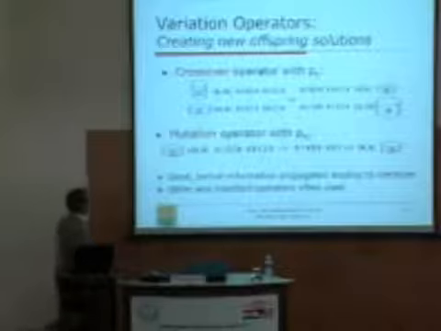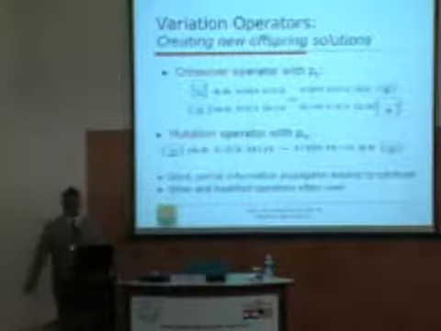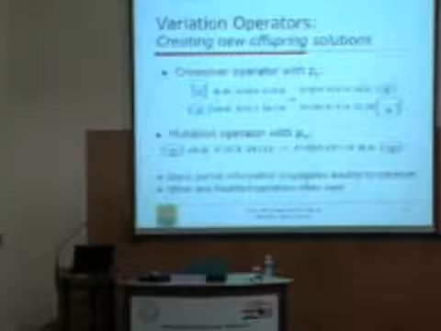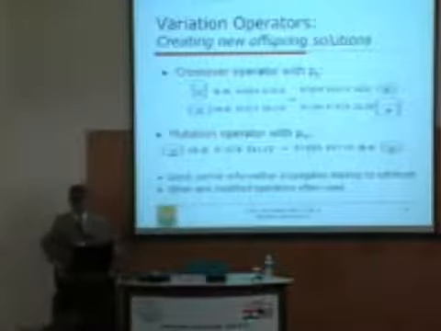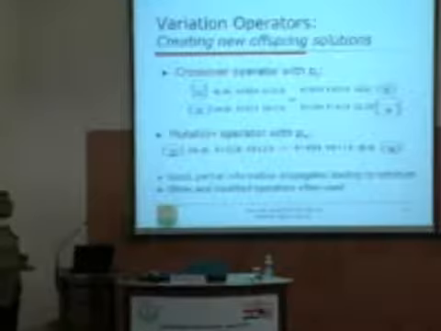So for example, 010 will now be attached to this, and I get this string, and 011 will attach to this, and I get that string. So it's a mixing of 2 good aspects of 2 good solutions together. By this process, you can hope to combine good parts from different solutions into one. Okay, so that's the hope here.